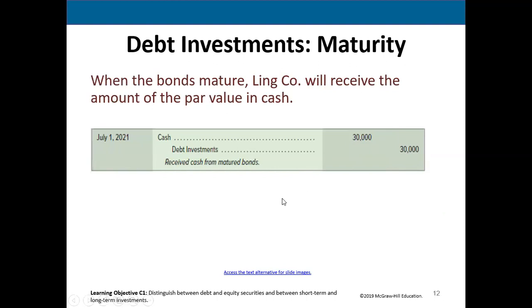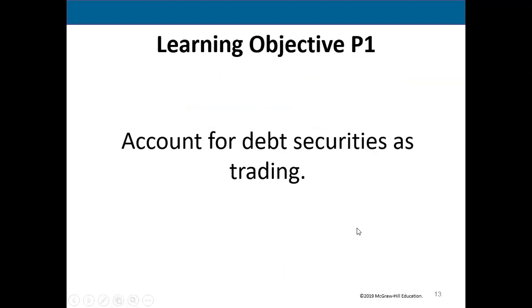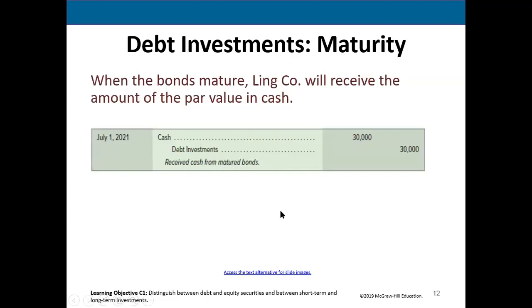So they received the interest on the bond over the life of the bond, and they received the principal when the bond matured. Now, that accounting is how we do the accounting when we are going to hold the investment in the bond to maturity.